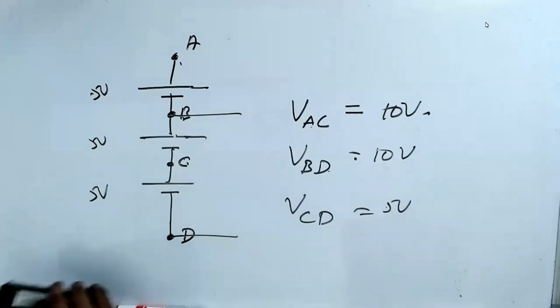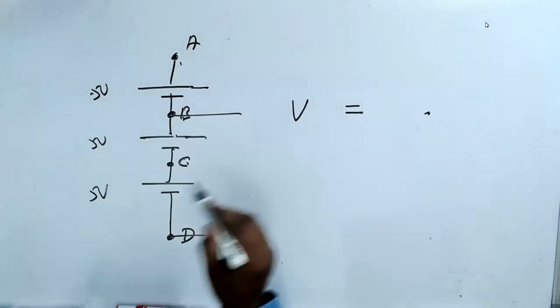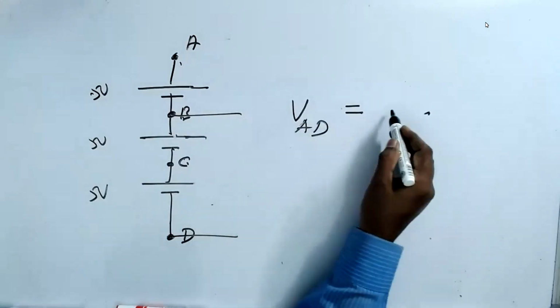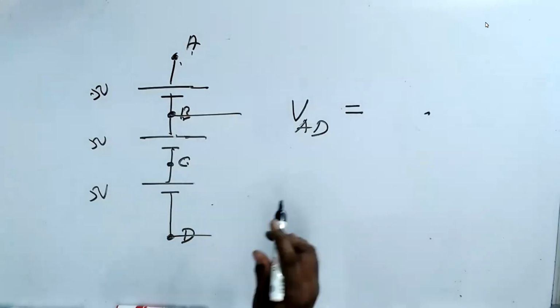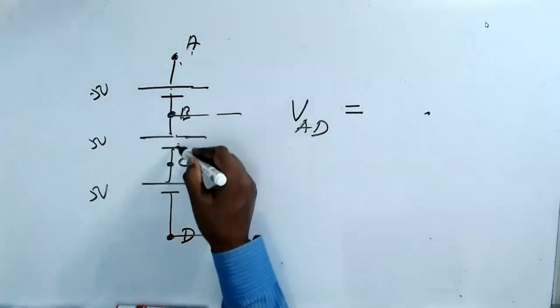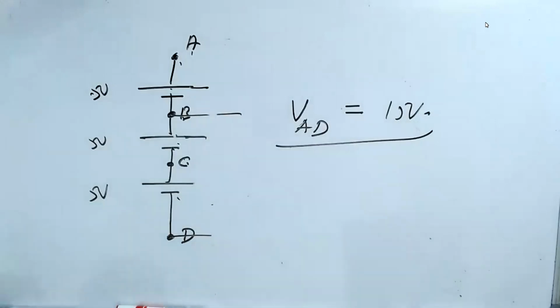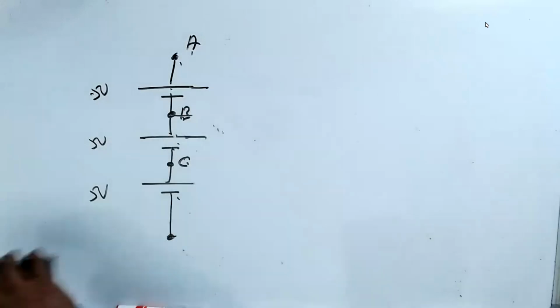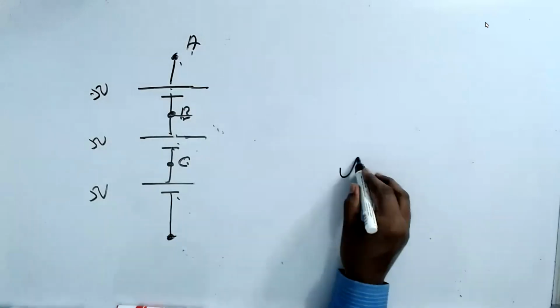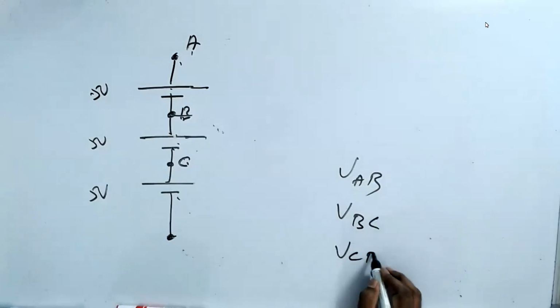Now, if I ask you what is A and D, then you will say that 5 plus 5 plus 5 is 15 volts. Correct. Here is what you have to understand, very important. Now I ask you all this VAB, VBC, VCD.